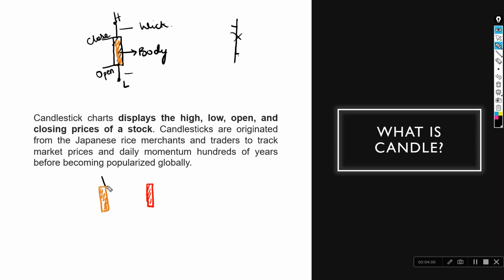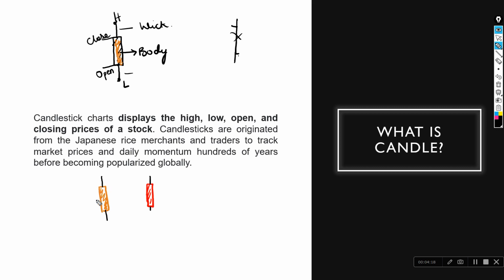These are the wicks, and here also we have wicks. The reason it is called a candle is because it represents a candle, like how your candle would look, and these are called wicks because of the wick of the candle.